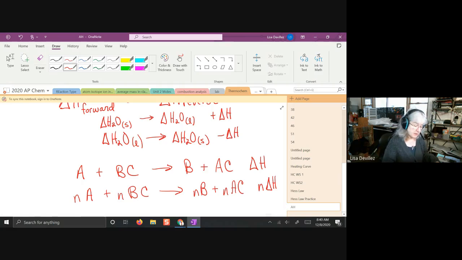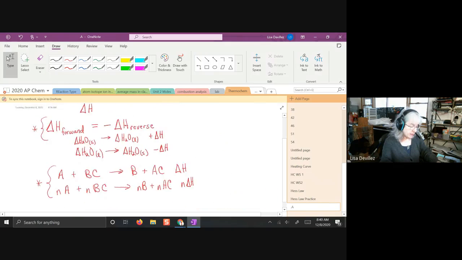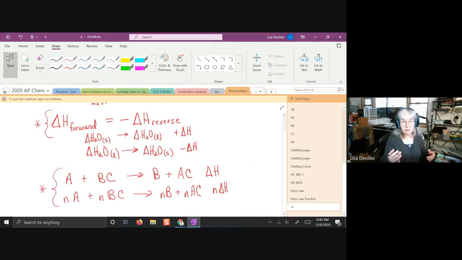It changes by the same amount. So these are two ways that we can manipulate the equations and the subsequent effect on the delta H value. Now let's look at what happens when we add a bunch of equations together.